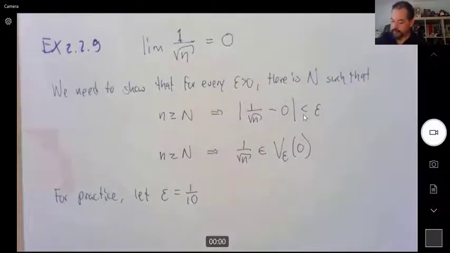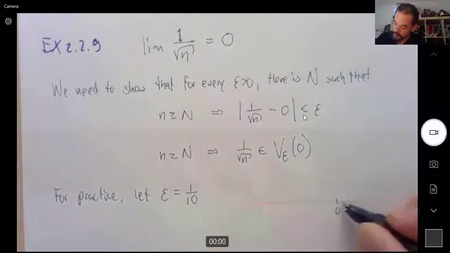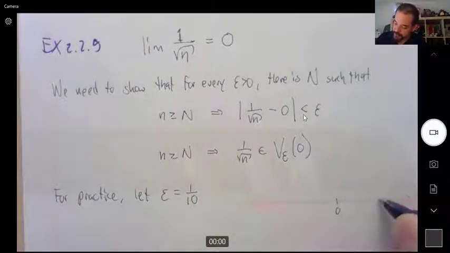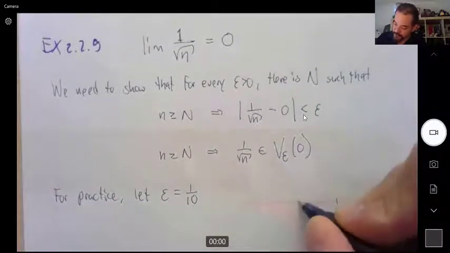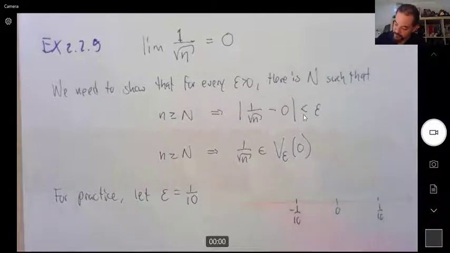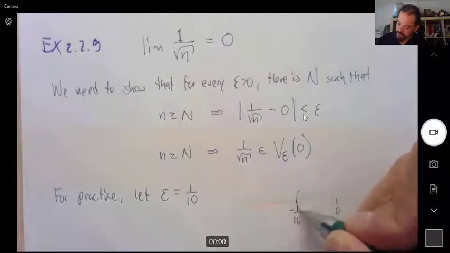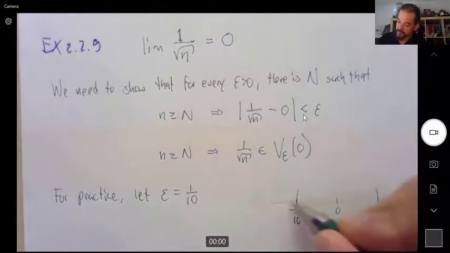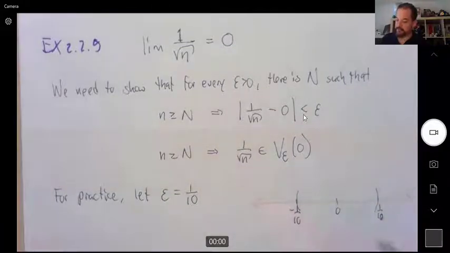Here's our picture. Here's the real line. Here's 0, and we're going 1/10 in this direction. So this is 1/10 and this is negative 1/10. We need to show that everybody eventually comes inside here, everyone in the sequence except for finitely many.